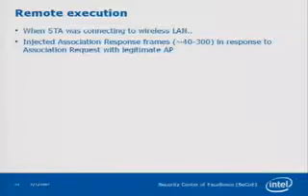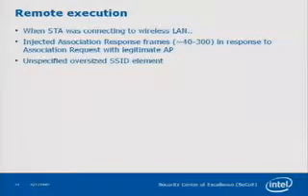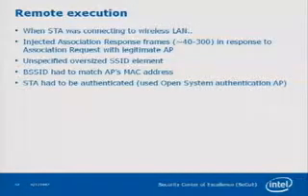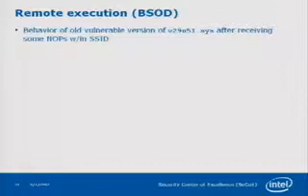In response to association requests from the station to the legitimate access point, the exploit used an oversized SSID element within the association response frame. The BSSID had to match the access point's MAC address, and the station had to be authenticated, for example, to the open system authentication access point that was actually used.